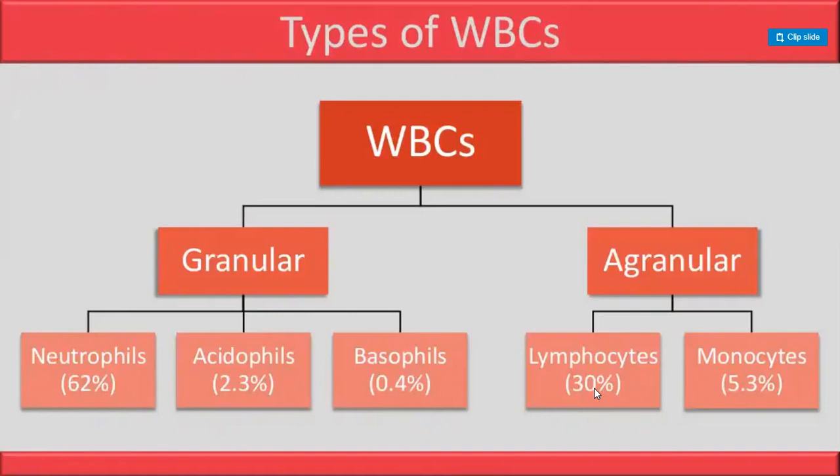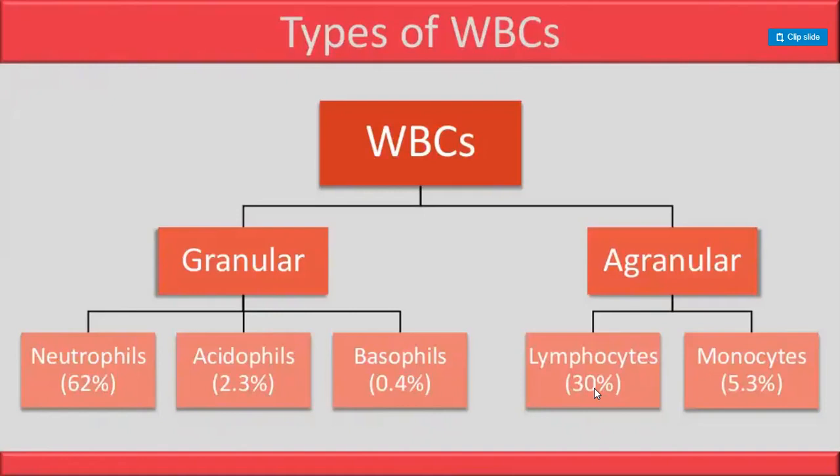Because in exams, they would give you a blood sample showing that this patient had 62% neutrophils and maybe 50% lymphocytes, for example. So that should tell you something, that the lymphocyte count is not normal.